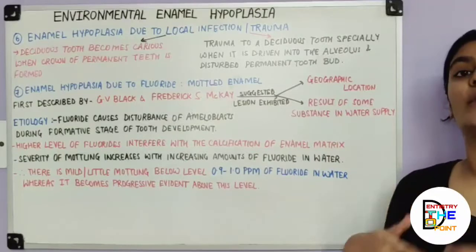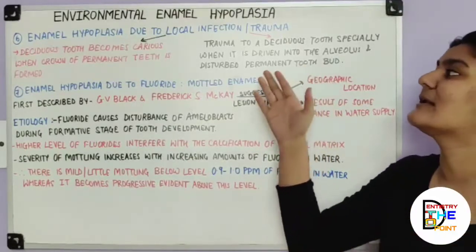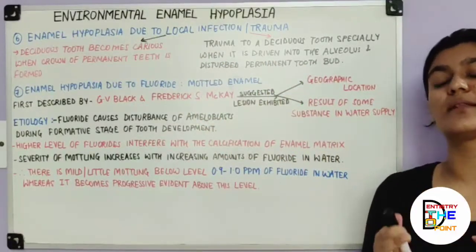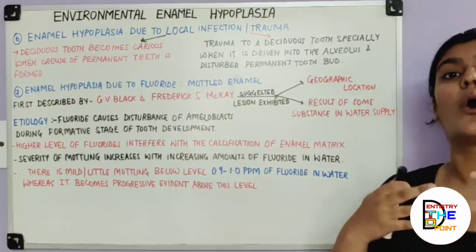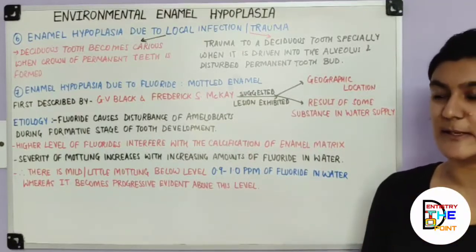Following its eruption, this tooth is going to have enamel hypoplasia, either in the form of yellowish or brownish discoloration or pitting.